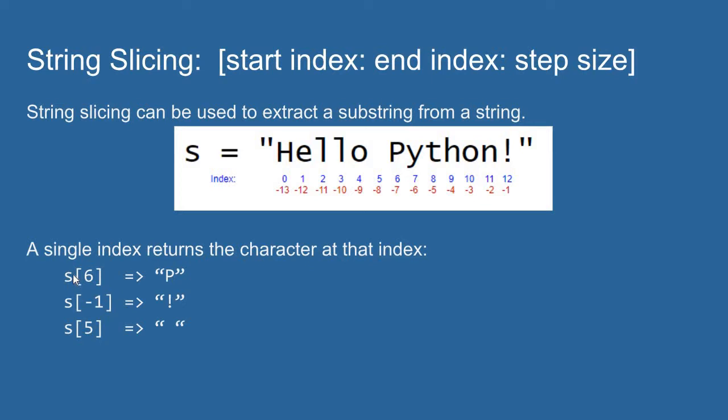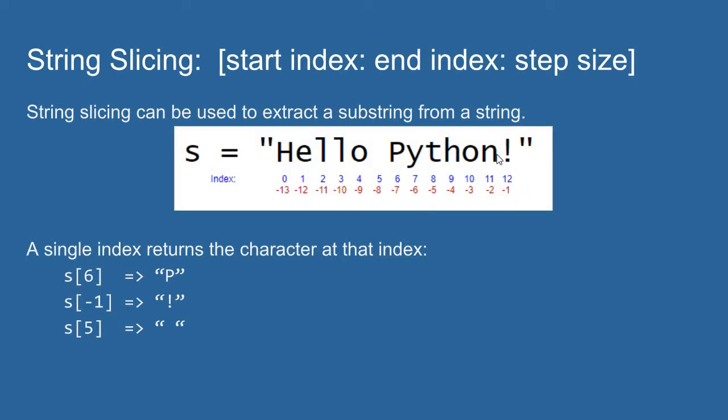If I take my string and use the syntax of a pair of brackets with a single index inside, this syntax will return the character at that index. So s at index 6: we can go up to s, our string at index 6, the 6th character in our string, starting at 0, so it's the 7th character, the 6th indexed character, is capital P. So the string at index 6 will return the string value P. S at -1, well, we can do negative indexing.